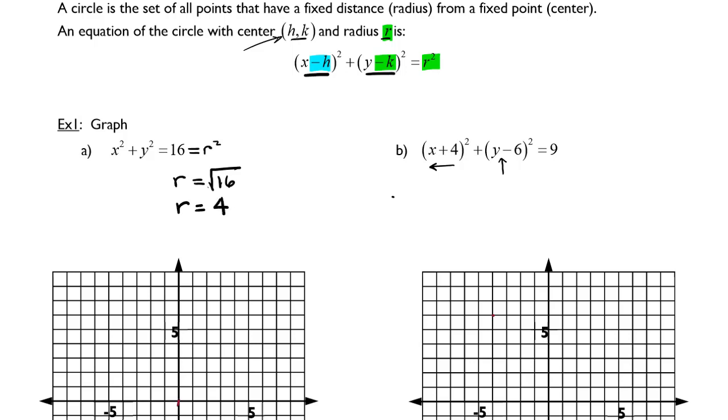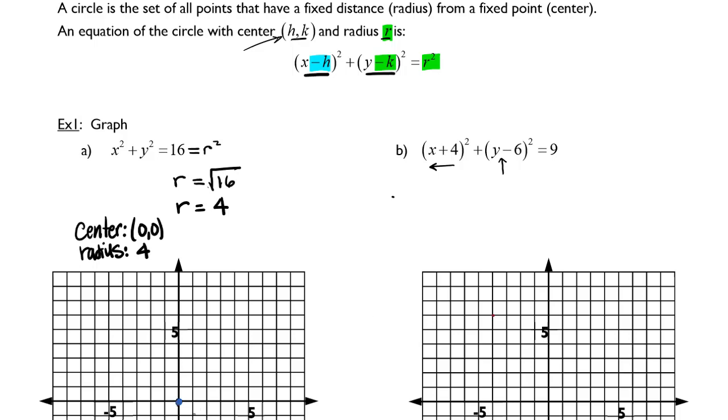So I have a circle with center (0, 0), radius 4, and now I can just sketch it.